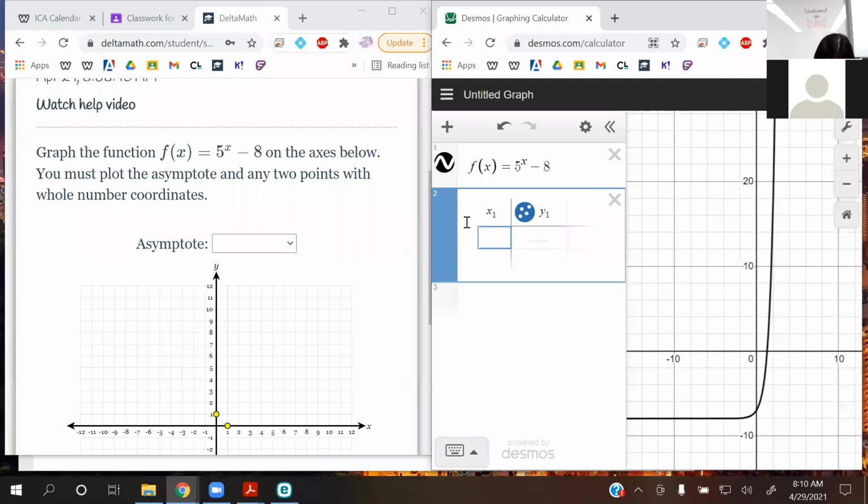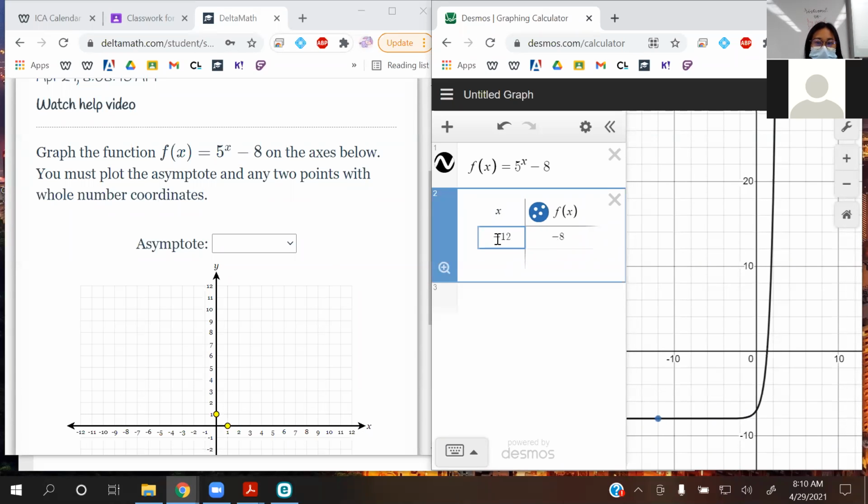And then in your t-table, you want to make sure that it says x and f of x. So whatever little number they give you here, like mine said x sub 1 with a little 1 here, I want to get rid of that, so it's just regular x. And then I want to go from, it looks like negative 12 all the way to 12, simply because the x values here start at negative 12 and then they go all the way to positive 12.